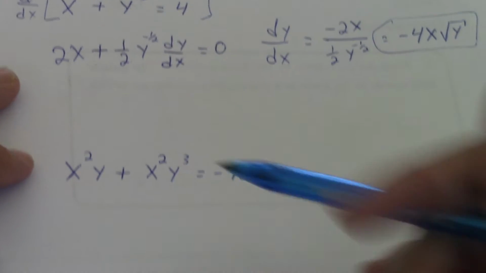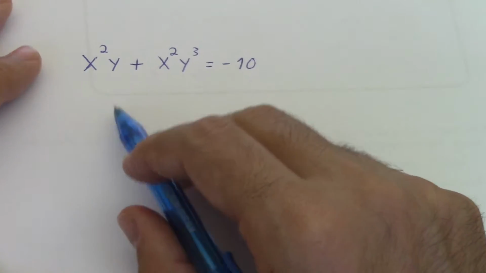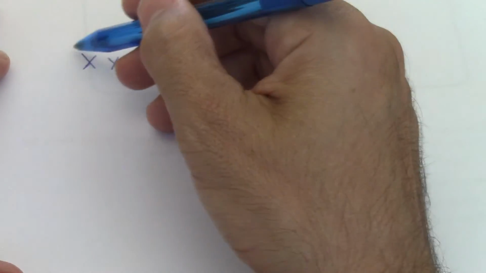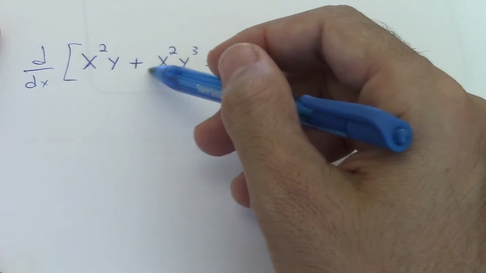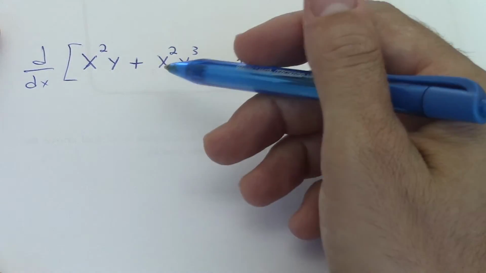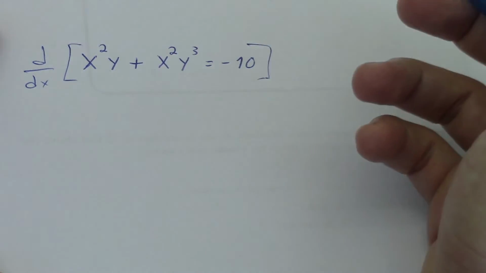Now let's check another example. When we have x squared times y cubed, the same, we're going to find d/dx. When you have a product, we need to use the product rule. Previous topics for this are the product rule, the quotient rule, the chain rule, and basic differentiation rules.